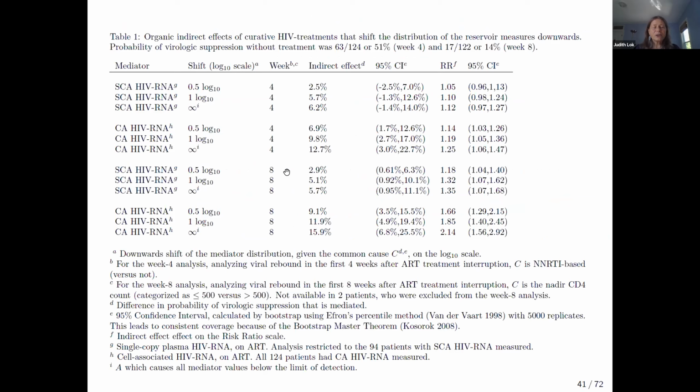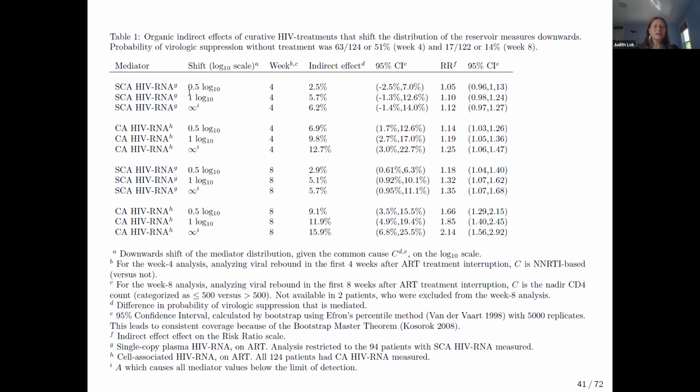And here are our results. We have 2 mediators, single copy assay HIV RNA and cell-associated HIV RNA. We have looked at viral suppression, yes or no, so a binary outcome, at week 4 and at week 8 of ART interruption. We have looked at several shifts of the mediator.